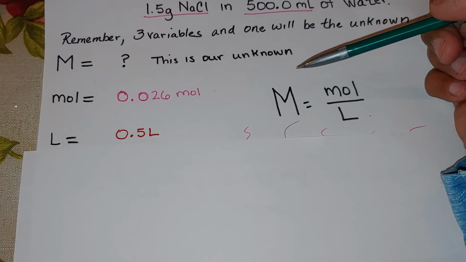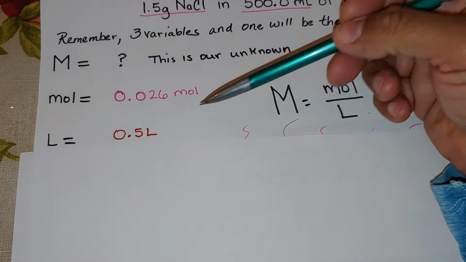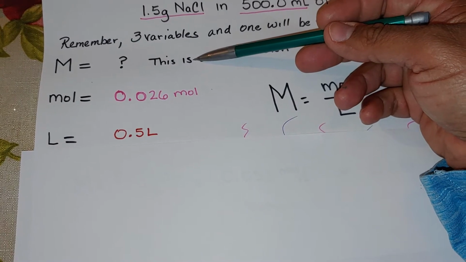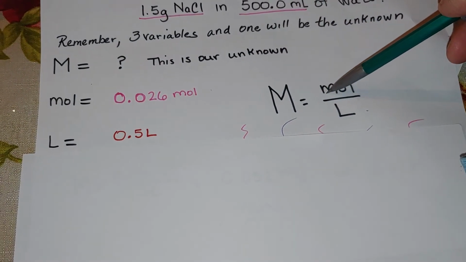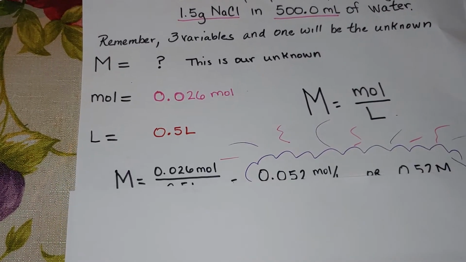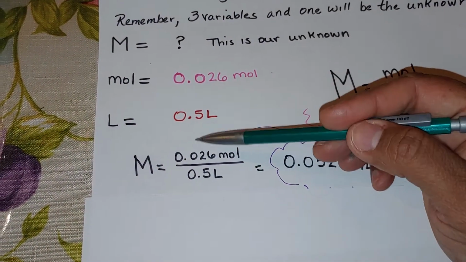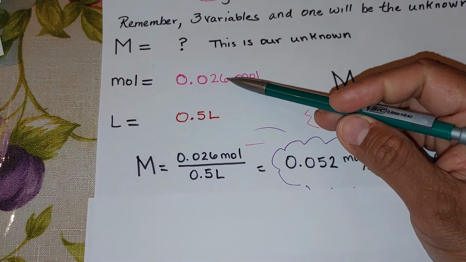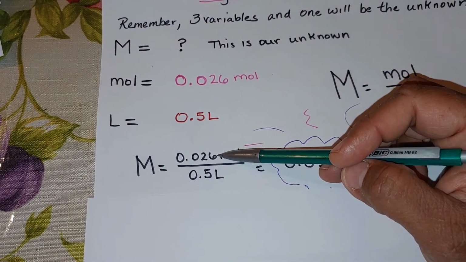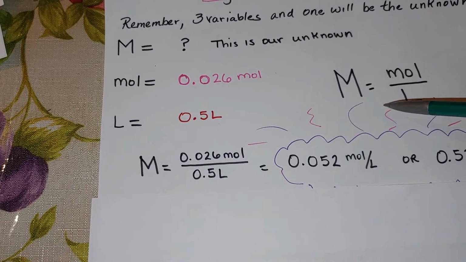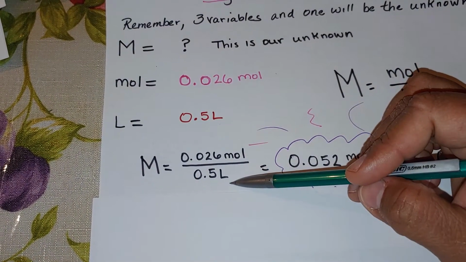Okay, so if you look at everything, everything's coming into play. We have our 3 variables. One of those is our unknown, and we can fill out this formula. So we're going to take our moles, substituted by the number value, which is 0.026 moles, divided by the liters, which is 0.5 liters.